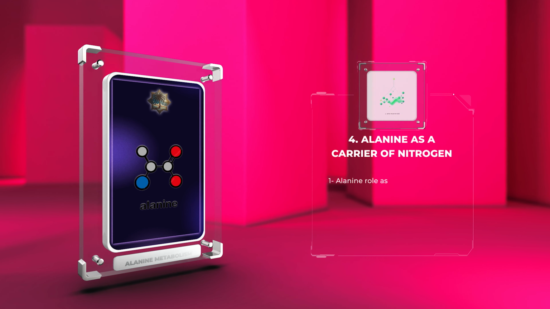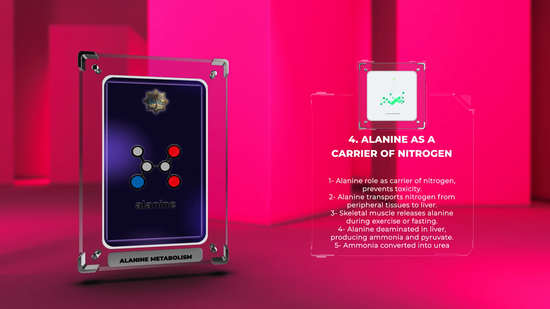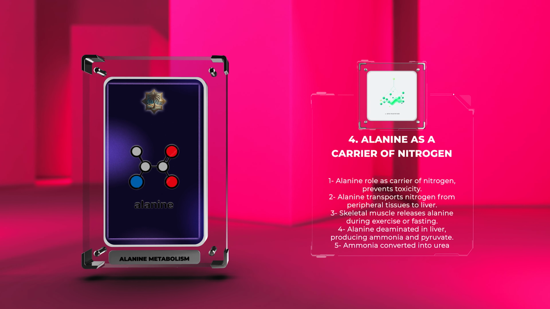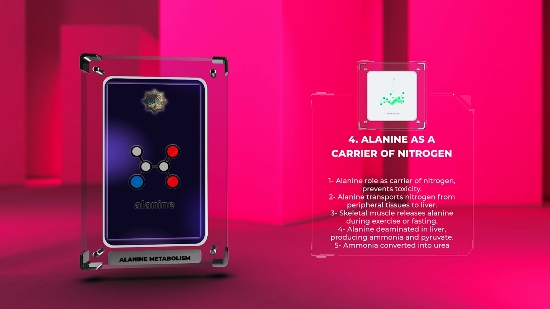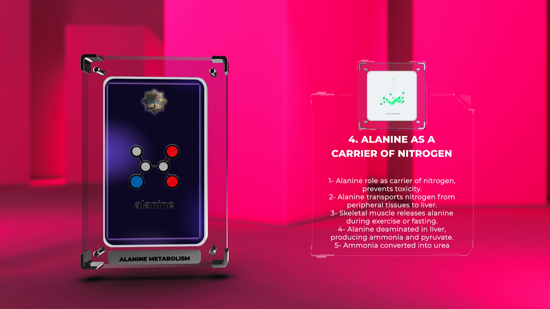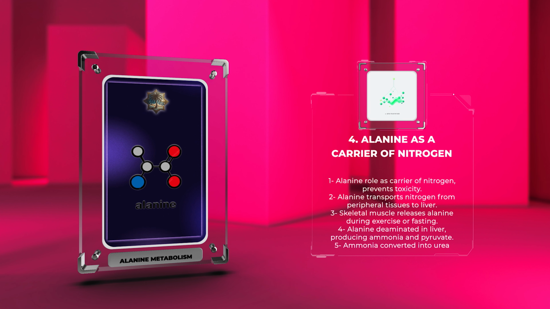One of the key functions of alanine metabolism is its role as a carrier of nitrogen. Nitrogen, derived from amino acids, needs to be efficiently transported and eliminated from the body to prevent toxicity. Alanine serves as a carrier of nitrogen by transporting it from peripheral tissues to the liver. As mentioned earlier, during periods of increased amino acid breakdown, such as exercise or fasting, skeletal muscle releases alanine into the bloodstream.